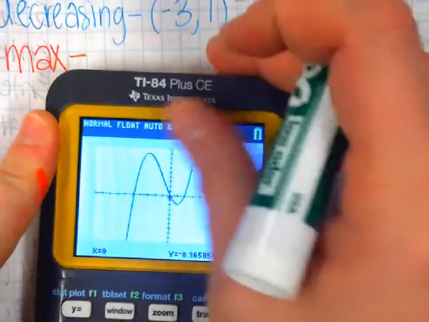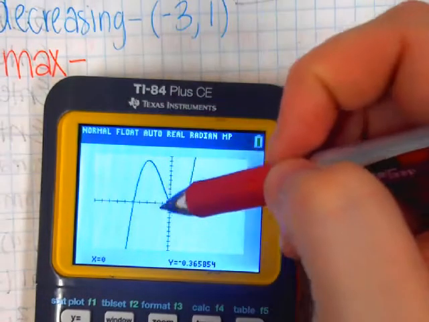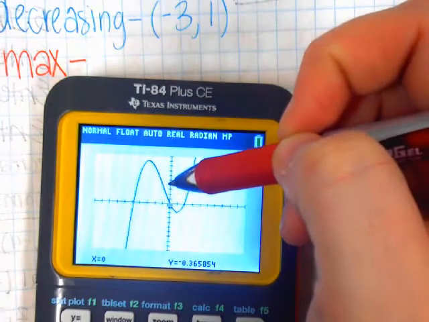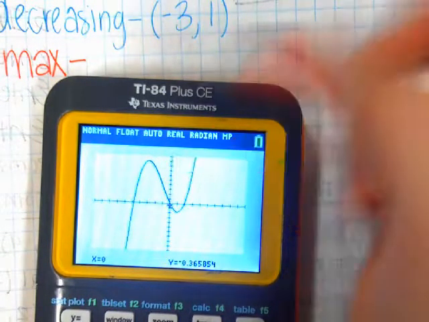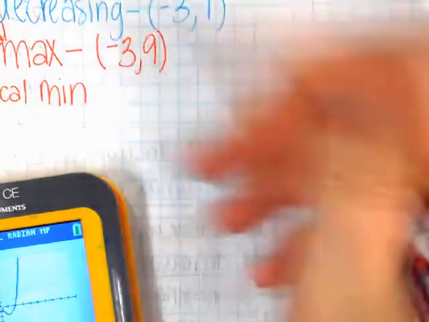So if you look at this point right here, there is a part that's higher. So it is not a global max, it's just a local max. And then it's at negative 3, 9, and it's a local.